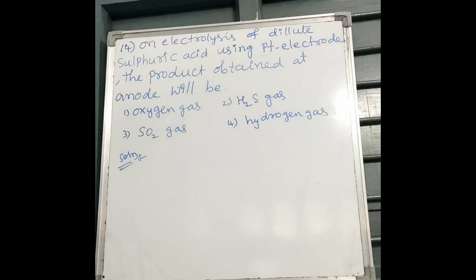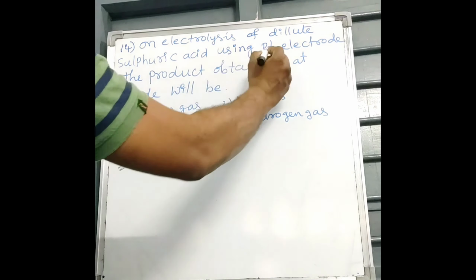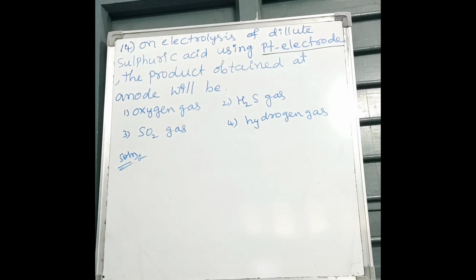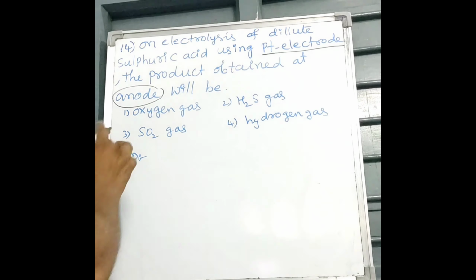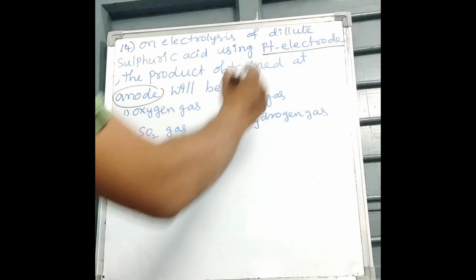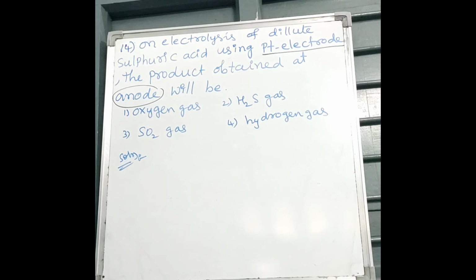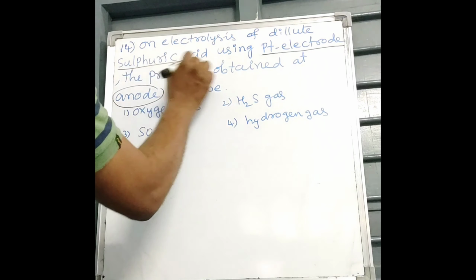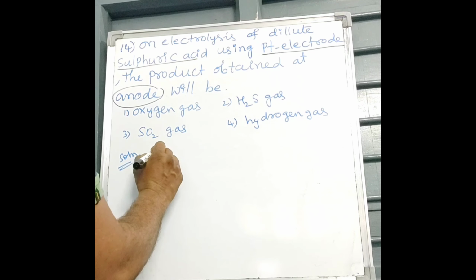The next question is from electrochemistry, on electrolysis of dilute sulfuric acid using platinum electrodes, which are inert electrodes. The product obtained at the anode will be? Which gas is released at the anode? In this problem the acid is sulfuric acid.